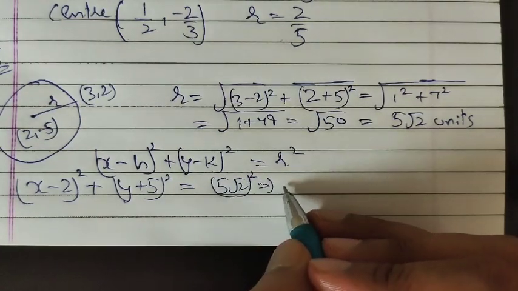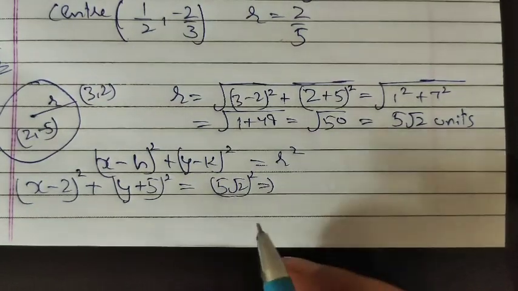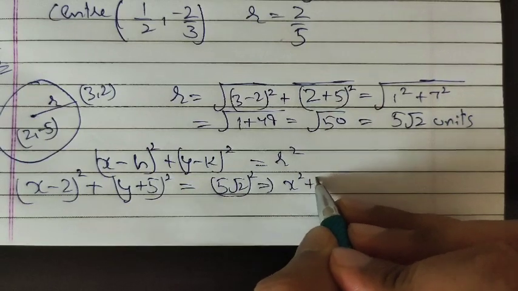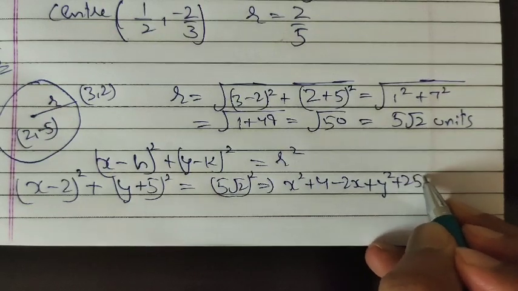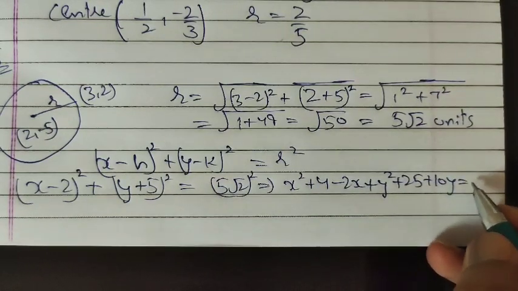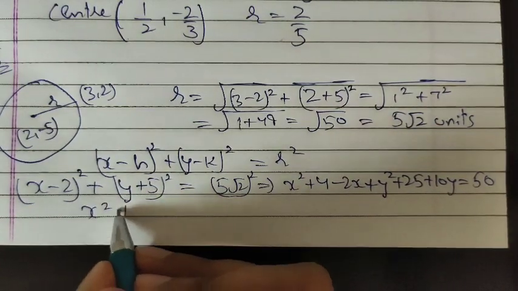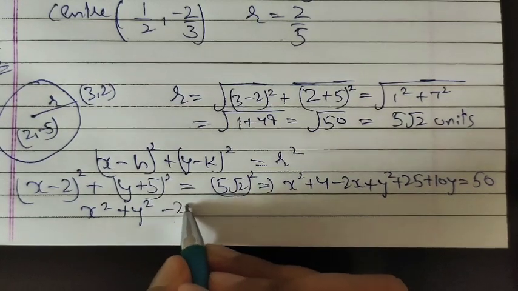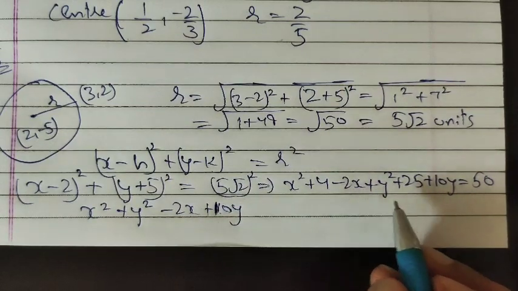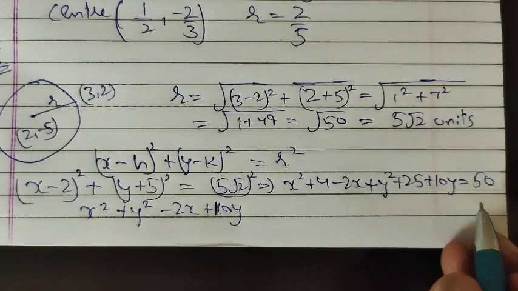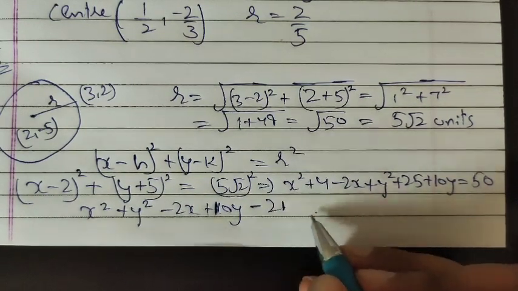This implies the equation of the circle will be x² + 4 − 2x + y² + 25 + 10y = 50. So x² + y² − 2x + 10y, 4 + 25 is 29, and 29 − 50 is −21, is equal to 0.